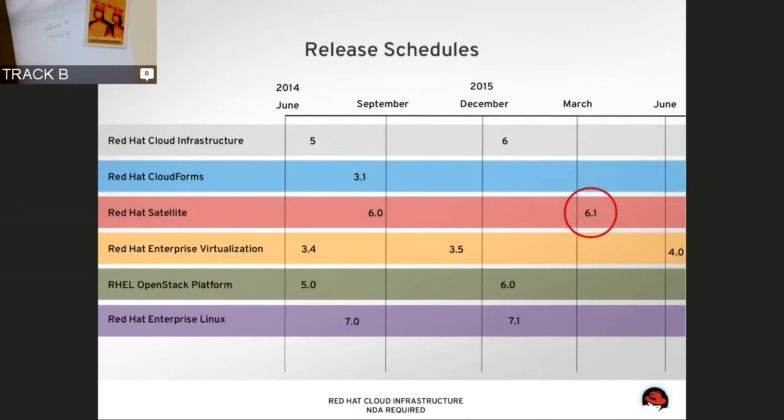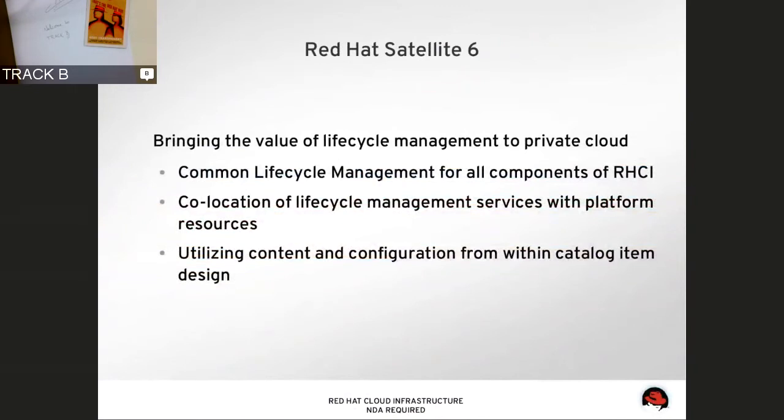So we're not sure when this functionality is going to be delivered, whether it'll be 6.0, shortly after 6.0, or all the way out to 6.1. But there's really three areas where we feel that Red Hat Satellite 6 can benefit RHCI. One is around common lifecycle management for all components of RHCI.